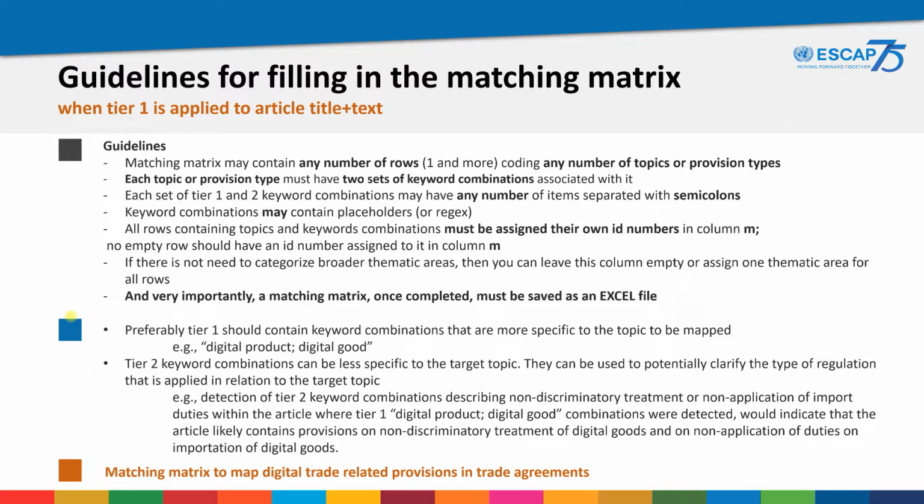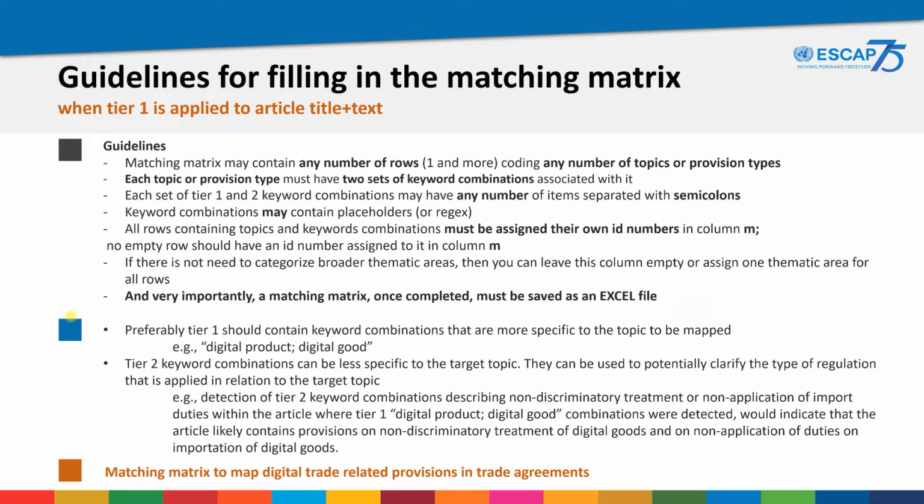Matching matrix may contain any number of rows coding any number of topics or provision types. Each topic or provision type must have two sets of keyword combinations associated with it. Each set of Tier 1 and Tier 2 keyword combinations may have any number of items separated with semicolons. Keyword combinations may contain placeholders or regular expressions.